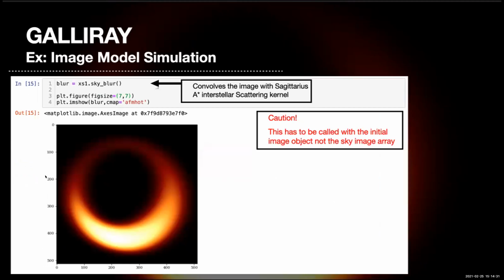For example, here we have used Sagittarius A star, and this image looks very similar to a black hole accretion image. That's the power of these geometric models: they approximate the accretion or radiation flow images that we receive from VLBI.